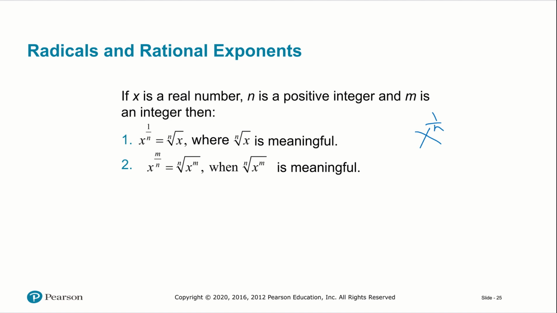Now, think about it this way. If I take x to the power of 1 over n, and I raise it to the power of n, what do I get? Well, I get x, don't I? Because by the power rule, I have to multiply n by 1 over n. What is n times 1 over n? That is just 1, right? So I get x to the 1, which is just x.